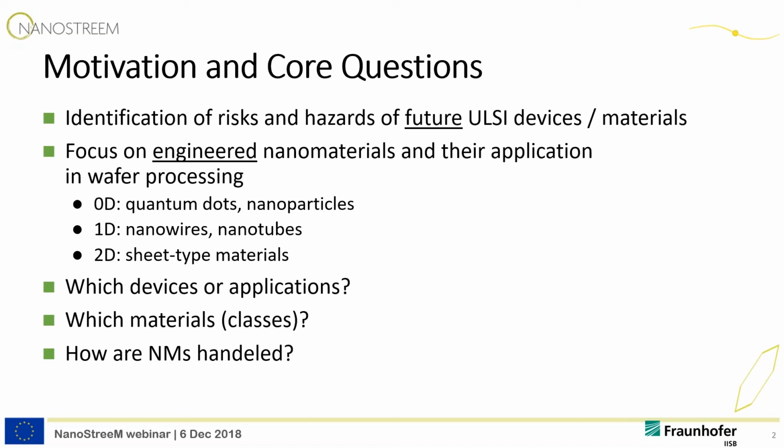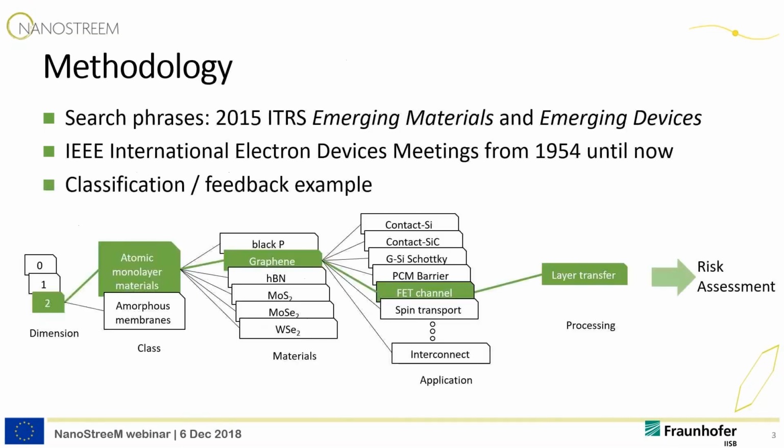And the focus was on zero-dimensional, meaning things like quantum dots, nanoparticles, one-dimensional materials like nanowires, nanotubes, and 2D materials like the recently heavily discussed materials graphene, molybdenum disulfide, all those sheet-type materials that offer new opportunities for transistor channels. The question was which devices have to be taken into account, what are the applications, what are the materials or materials classes, and as explained, how are they handled. Next slide, please.